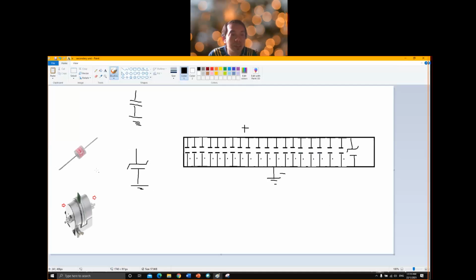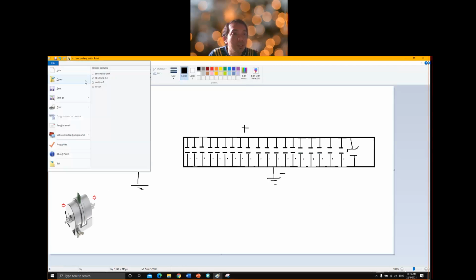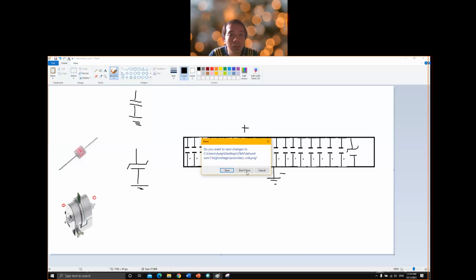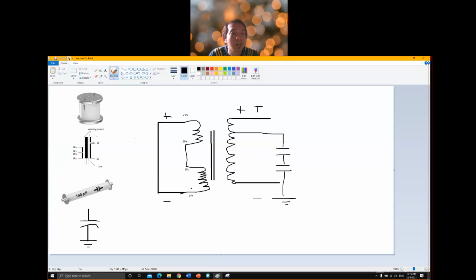I have drawn the schematic. This is the transformer, and this is the high voltage capacitor. For this transformer we can see the schematic: 2PU, 2PUX, and 1PU and 1PUX.